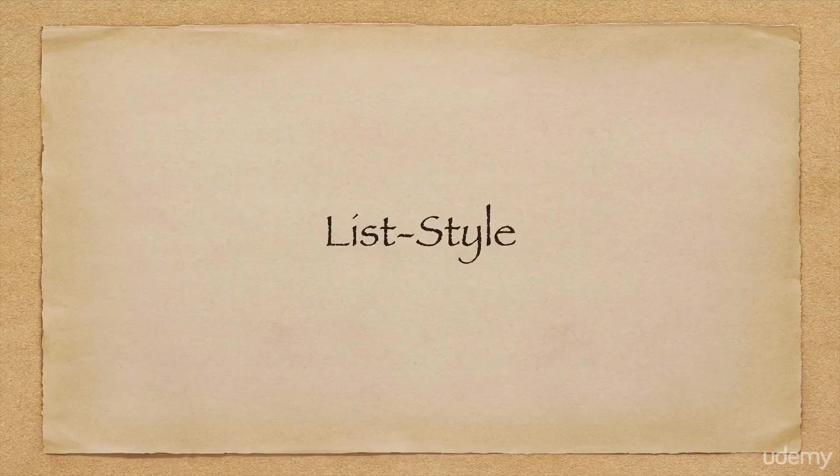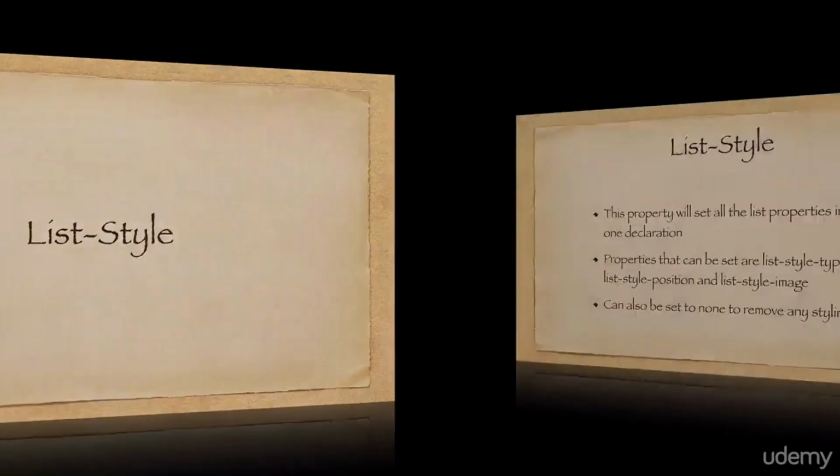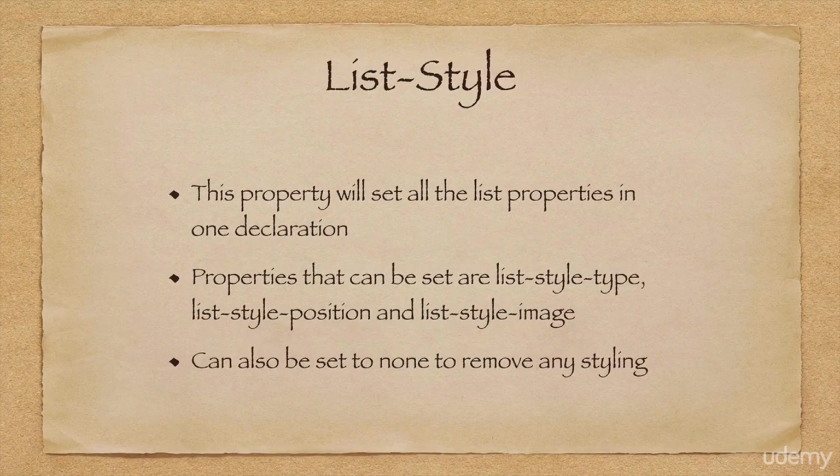So the next subject I want to talk about is an attribute called list style. So this property will set all the list properties in one declaration. Properties that can be set are list style type, list style position, and list style image. Can also be set to none to remove any styling. So to break it down, when we created our menu, we used a list. We used an unordered list.